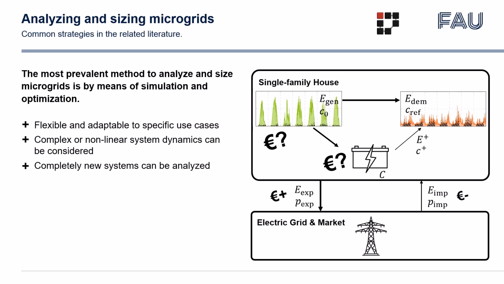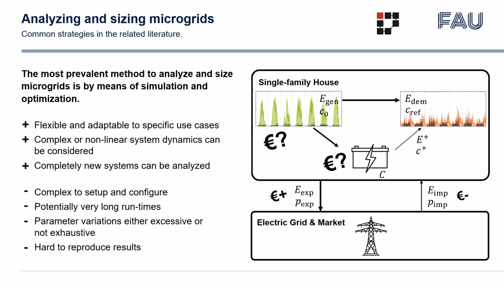You can handle quite complex and nonlinear system dynamics, as, for example, temperature dependent efficiencies in charging and discharging, battery aging, photovoltaic aging, and many more complex systems. That's why it's so useful, and it can be used to analyze completely new system configurations that are not even built or existent.